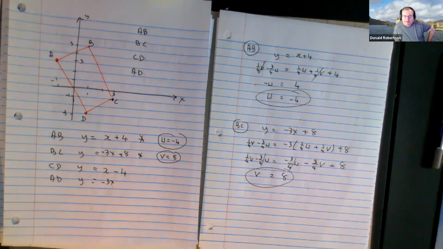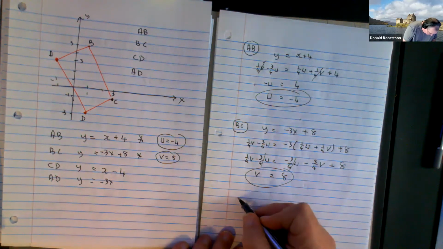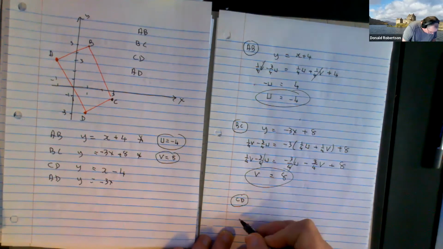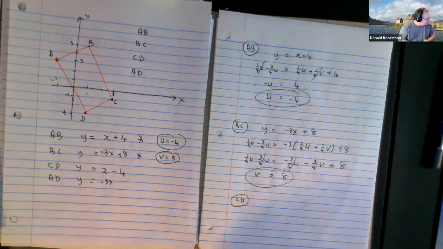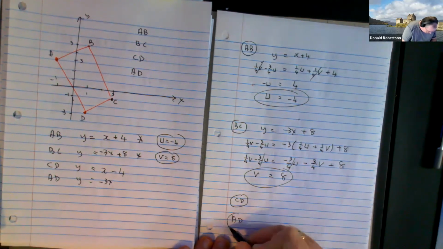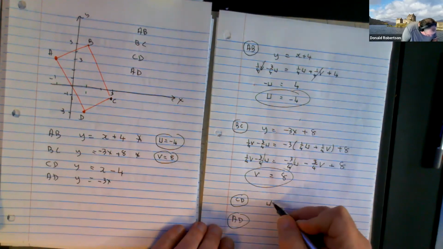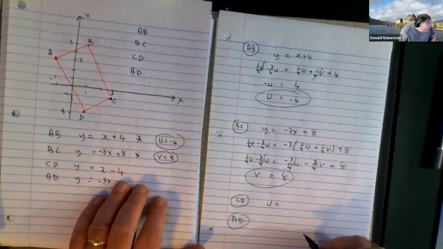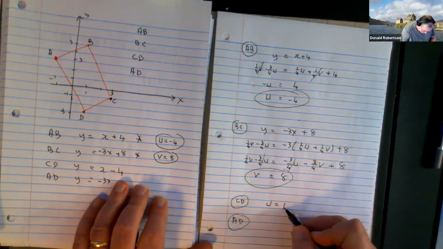For time purposes, I'm going to tell you what the other two eventually get you. When you use CD, what's CD? Oh, they don't tell me which one is which. CD is probably this one. CD is going to give me u equals 4.